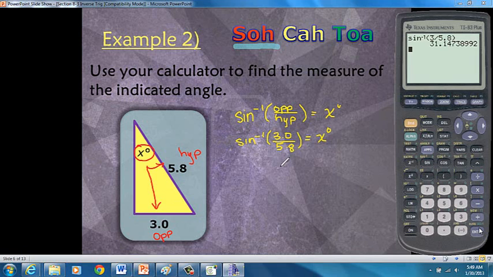We're going to go ahead and round it to the nearest degree, so our angle is approximately 31 degrees. Now that I know x, I could subtract it from 90 to find the other acute angle, which would be 59 degrees if I needed that angle as well. Okay, that's not too bad. Let's hit the next example.